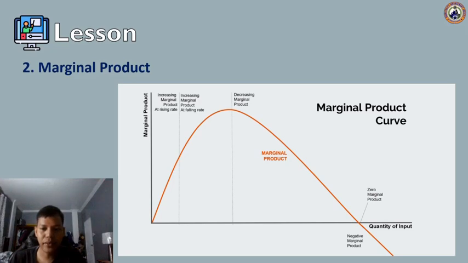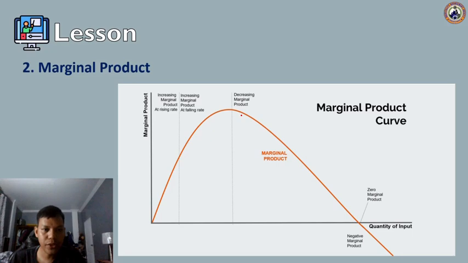When the manager hires more workers, each new worker will add less to the output, and the marginal product begins to fall from L1 to L2. After L2, the contribution of newly hired workers is negative. So if a fixed capital, which has a limited capacity, can cater up to 5 workers, hiring more than 5 workers will be useless. So no firms will hire beyond L2, where there is too much labor for the fixed capital.